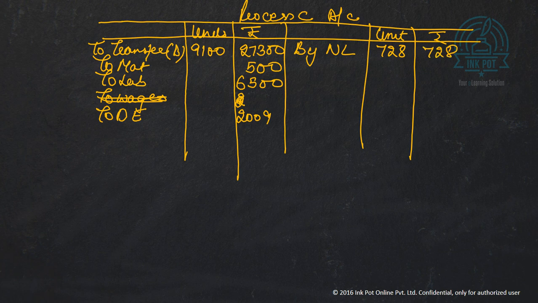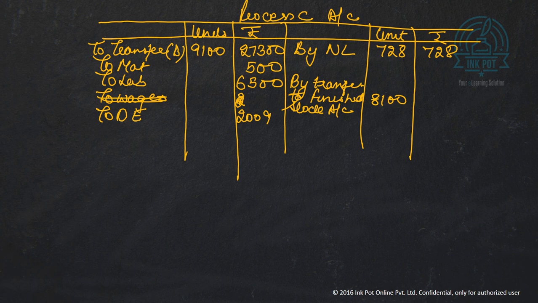Now again we have to calculate the output transferred to finished stock account. I think the output units are 8100 in this case, and we have to find out the abnormal loss.